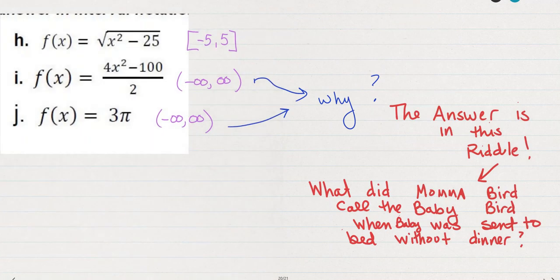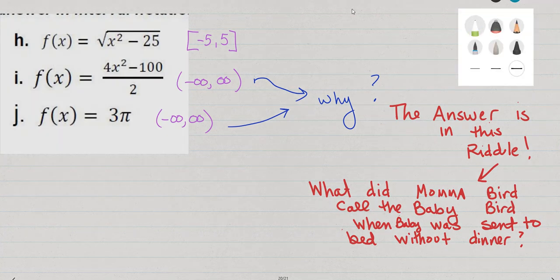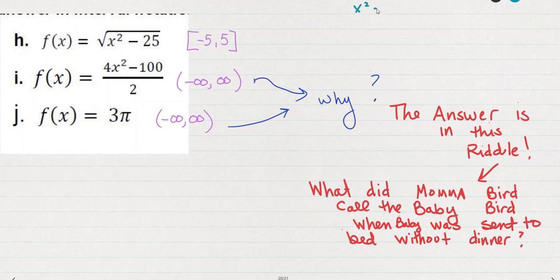H, the square root of x squared minus 25. If we looked at that x squared minus 25, and this is a really important review from pre-calculus. We know that this has to be greater or equal to 0. Do you recall doing this? The way that you do this quadratic inequality is we factor.